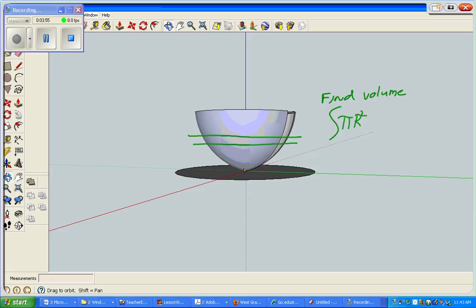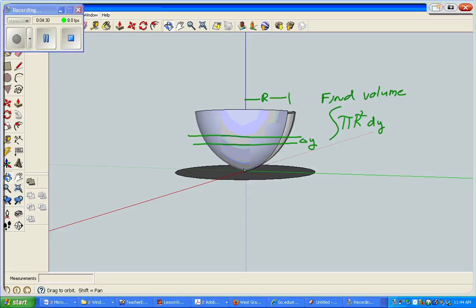Would you notice that the place that I am slicing is along the y-axis? The radius is going to be something that goes in that direction.